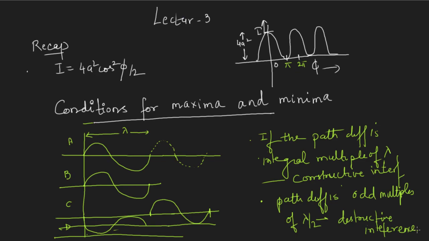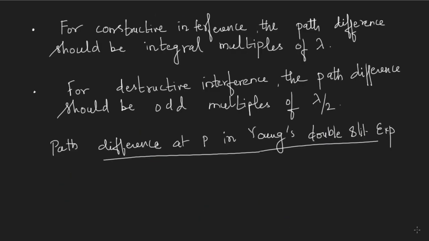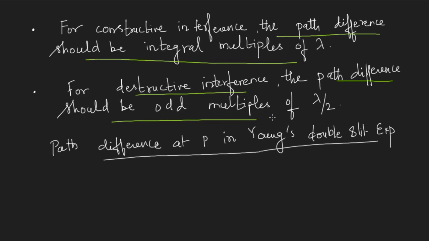So now I can make a general statement. In any experiment, if I would like to see the constructive interference, the path difference should be integral multiples of lambda. And for the destructive interference, the path difference should be odd multiples of lambda by 2.